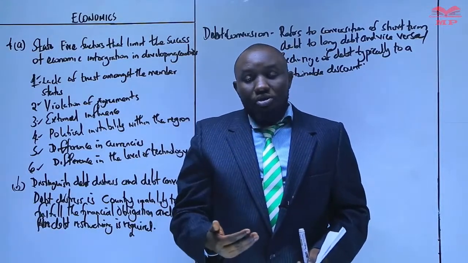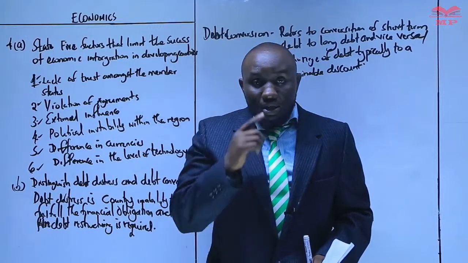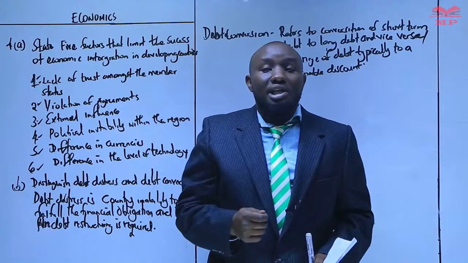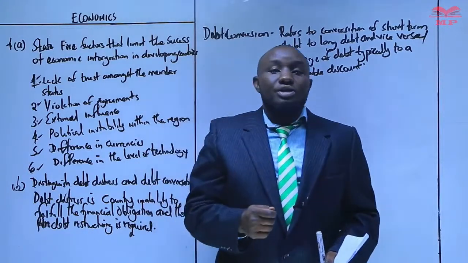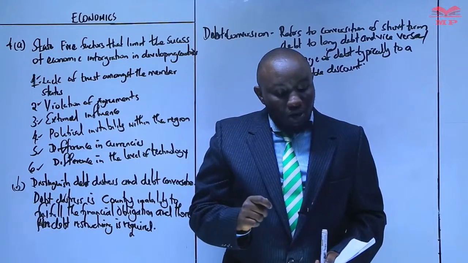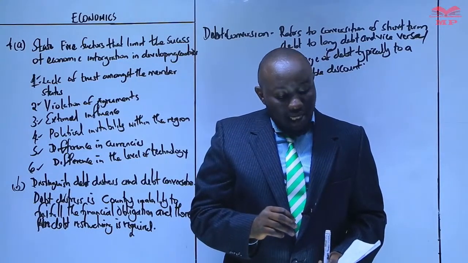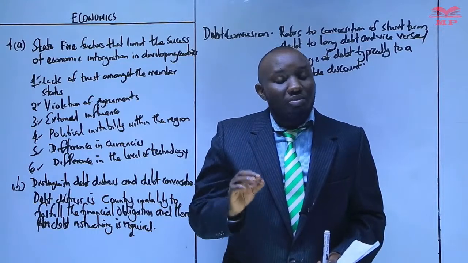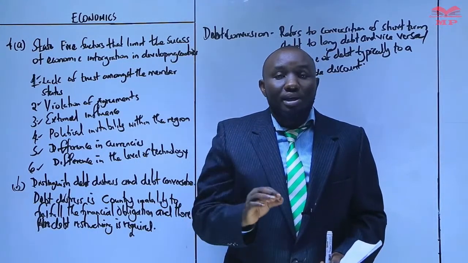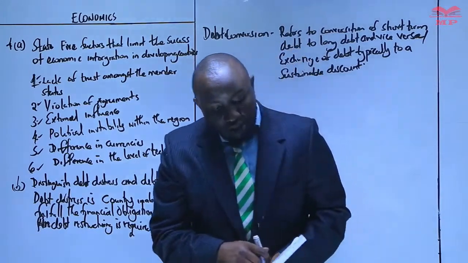The reason is that they are not able to fund their budgets using their own sources of revenue, so they have to rely on debt, basically from developed countries, in order to fund their budget. So the examiner is asking us, how do we reduce? What are some of the methods to clear external debt, because these obligations actually affect the growth of a country? So we can put that on the board.